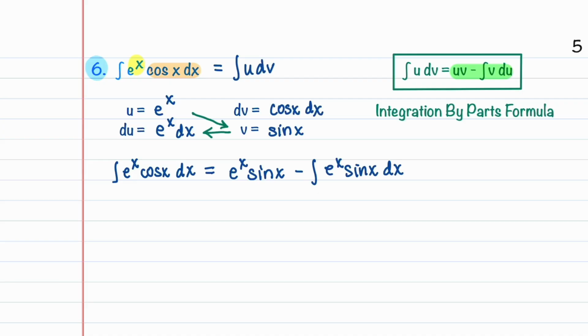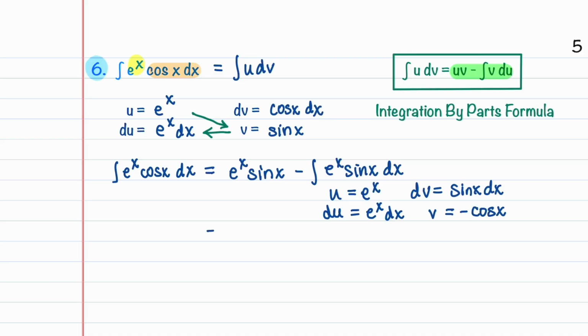We chose it to be the exponential, so we're going to again let u be e to the x, and then dv is sine x dx. For the u, we will take the derivative. We have du is e to the x dx. And on the right, we have v is the integral of sine, and remember that's a minus cosine.